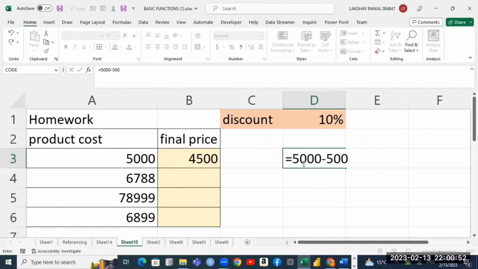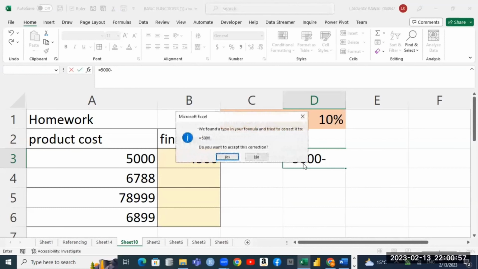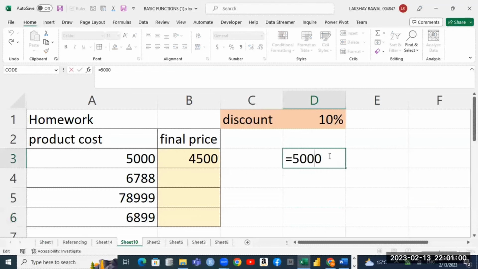But instead of 500, I am doing minus and multiplying by 10%. So 5,000 minus 5,000 multiplied by D1. Understood?